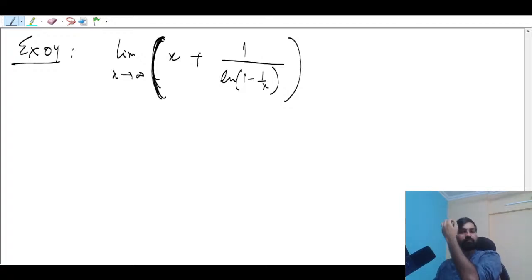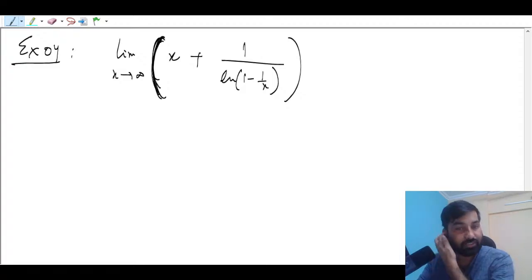It's not that tough to identify. First is infinity and the second one is minus infinity, guys. Please do remember, because of ln 1, the first one is infinity, the second one is going to be minus infinity. So which form is it? Infinity minus infinity form.